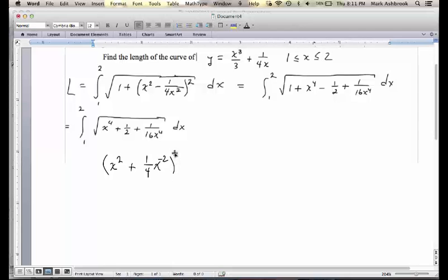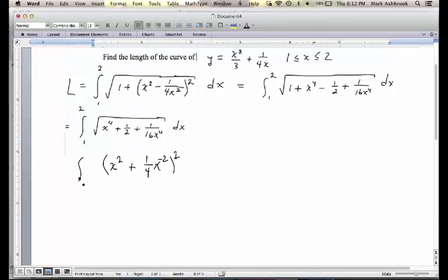And if we check the middle term, it would be 2 times x squared times 1/4 x to the minus 2, which becomes 1/2. So this is a perfect square. It's x squared plus 1/4 x to the minus 2, all squared. The middle term is correct.